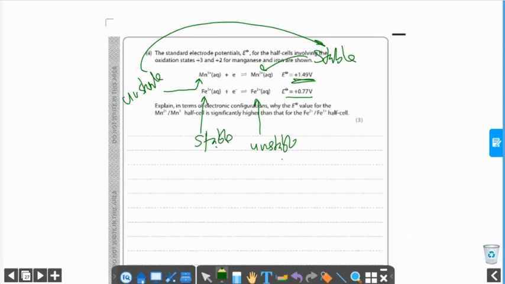Got it? So you can simply say half-filled d orbitals are stable.